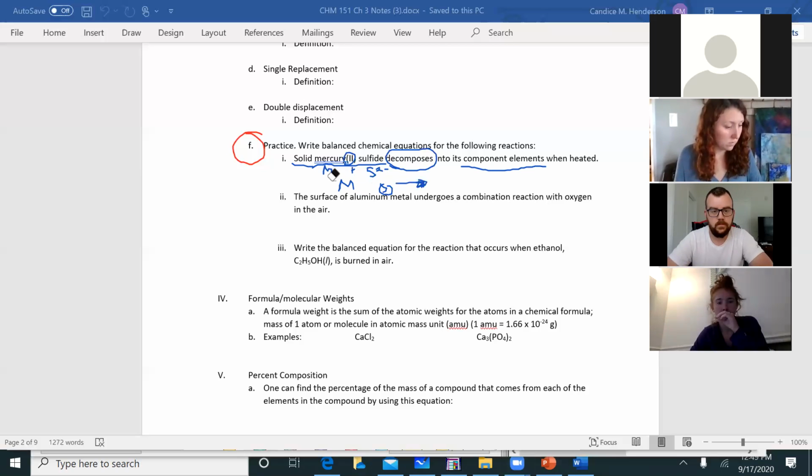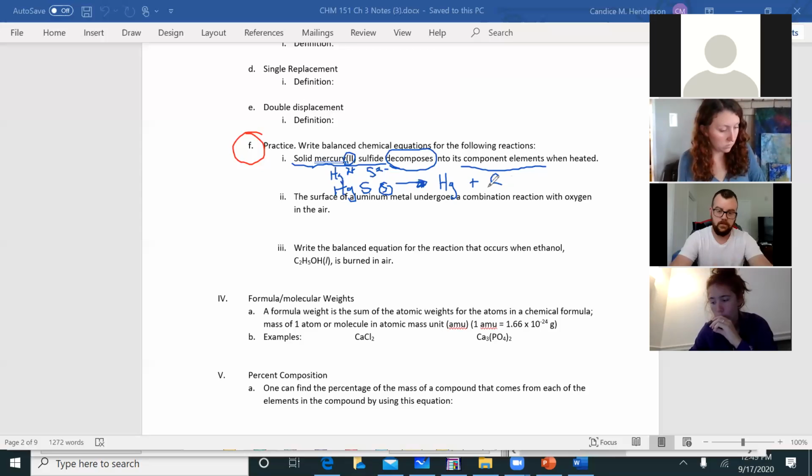Hg, that's what I wanted. Let's give it Hg with a 2+. So this thing will be HgS. So we're going to break that into its components, which will be mercury, Hg, and sulfur, which is S.